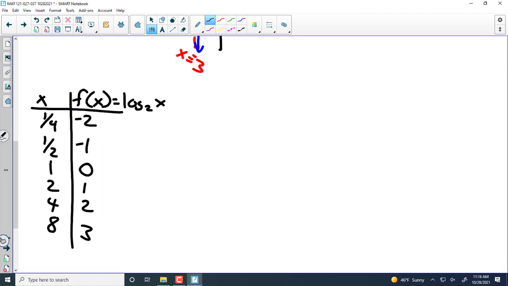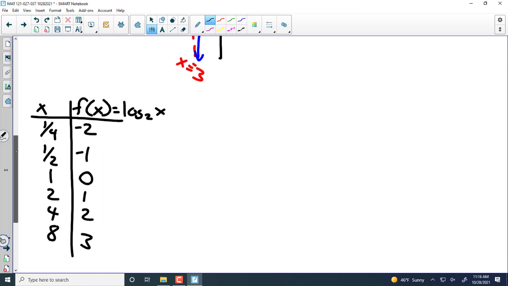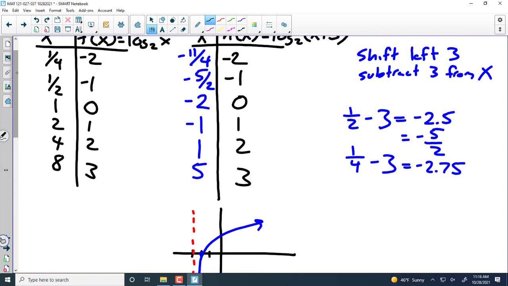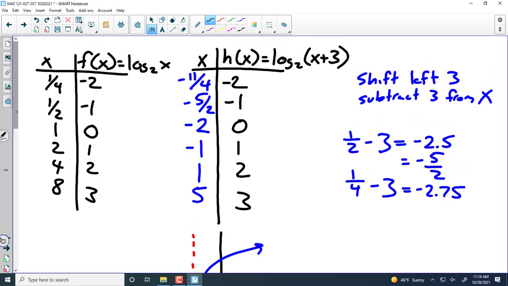Now, what I want to speak about before we do this one, I actually should have mentioned this on the one up here, is are we allowed to take the logarithms of negative numbers? No, we can't. Yet I have some negative numbers over here. How is that possible? It's because they get plugged in for x. And what happens to these numbers before you take the logarithm? 3 gets added to them.